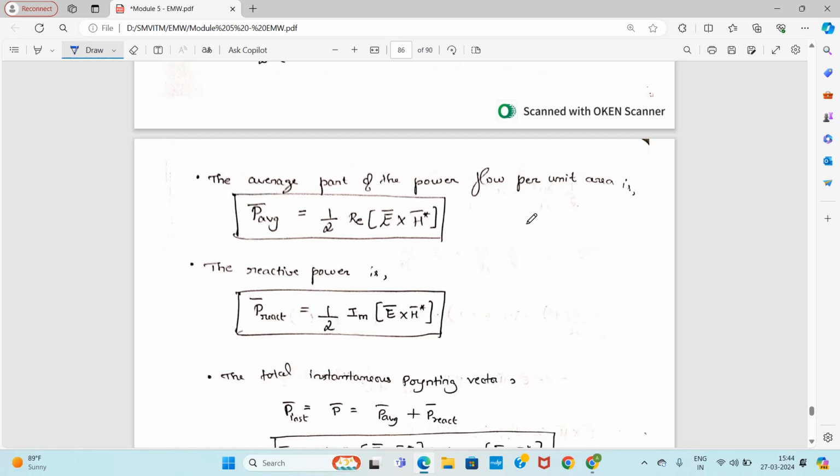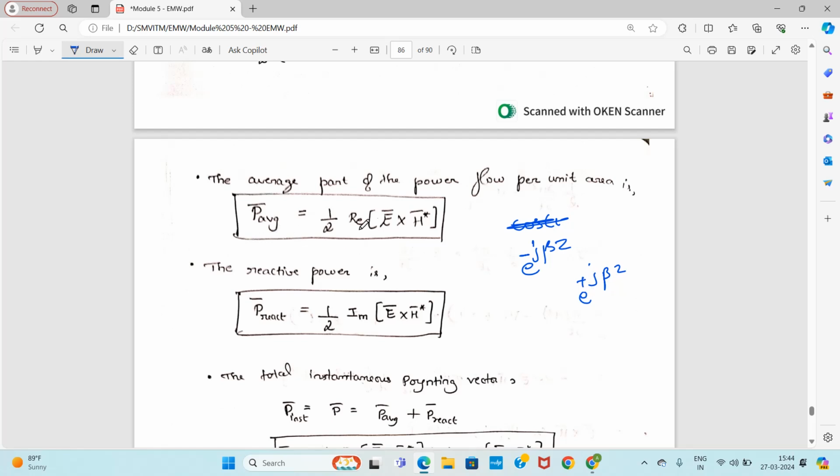H star is the conjugate. That is, if you have something like e power j beta z, the conjugate will be e power minus j beta z. Wherever you have a j term, the sign of the j term should change. That is conjugate. Initially, if you have e power minus j, the conjugate will become plus j.